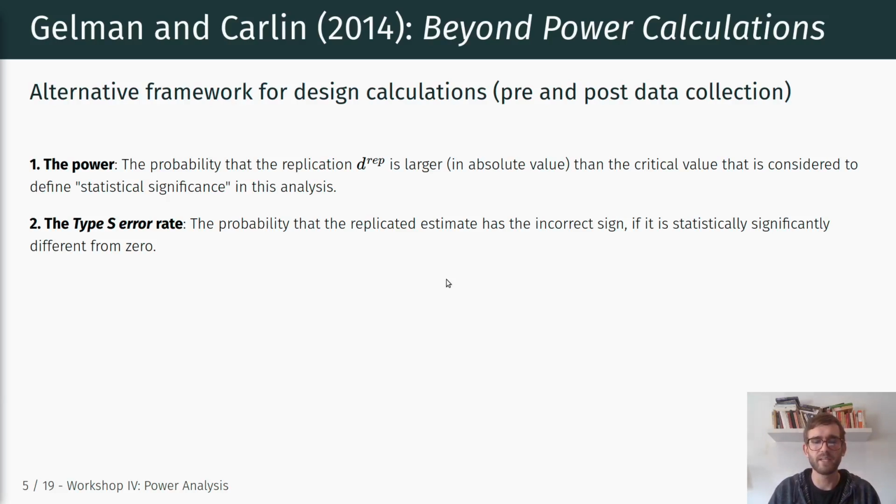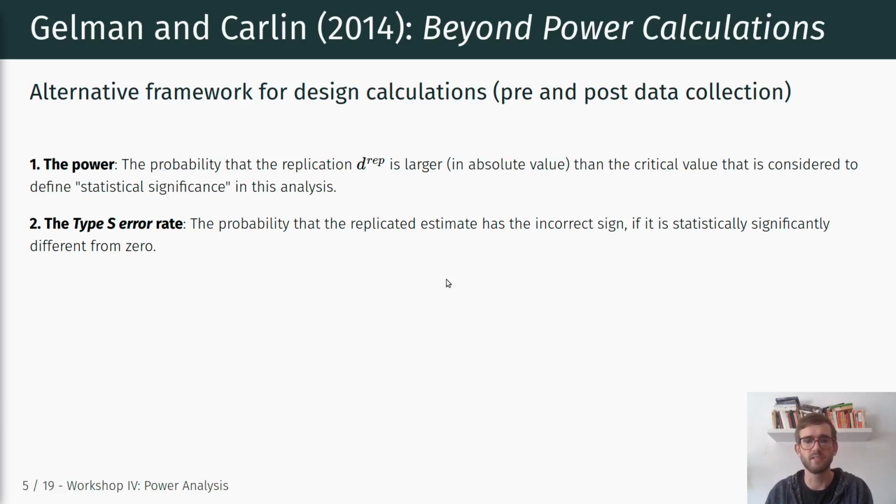It's quite possible for a result to be significant at the 5% level, which means the 95% confidence interval entirely excludes 0, and there's still a high chance that this interval is on the wrong side of 0.